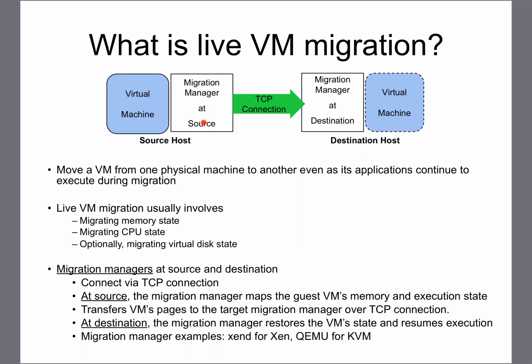So the source migration manager would take the VM's memory contents and CPU and IO state and transfer it over the TCP connection to the destination. At the destination, the migration manager would reconstruct the VM's execution state from all the data that it receives.